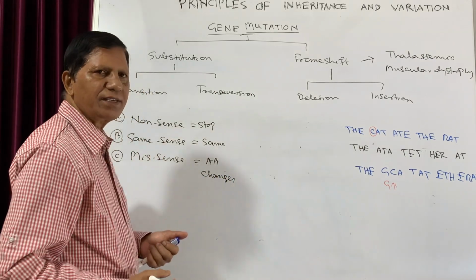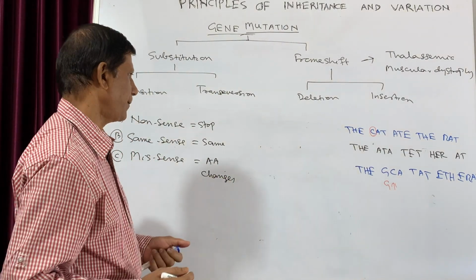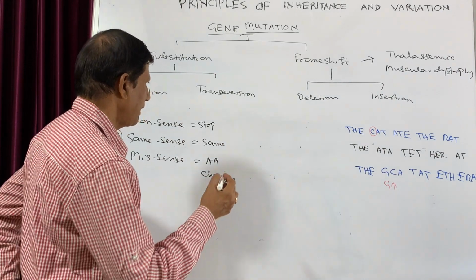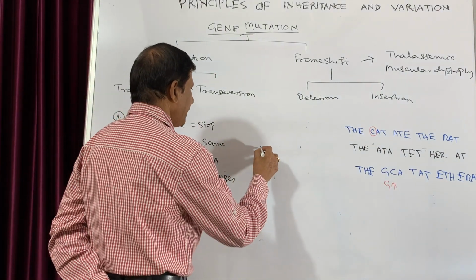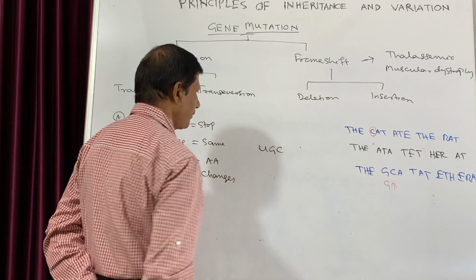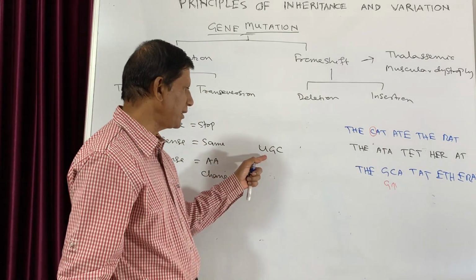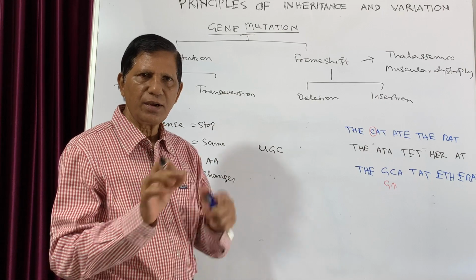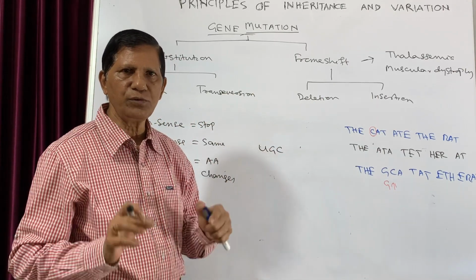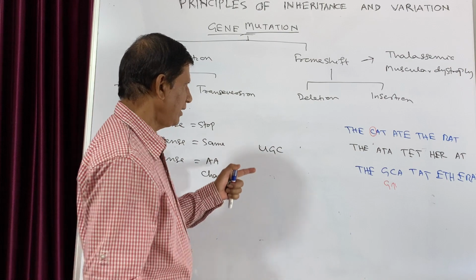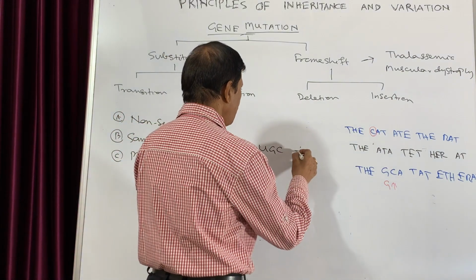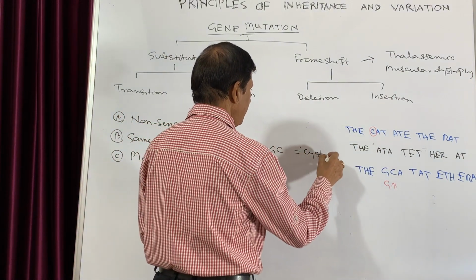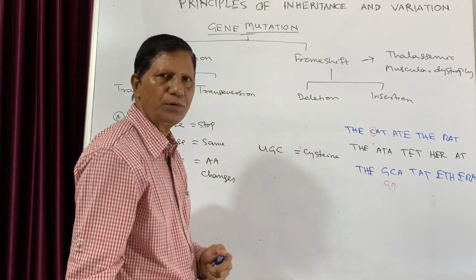Now let us take one example so that our understanding will be better. Suppose let us take one example of UGC. UGC, don't think that it is a University Grants Commission. It is one of the codons of the genetic code, UGC. And this UGC usually codes for cysteine amino acid according to genetic code.